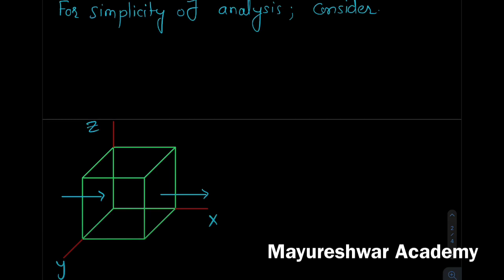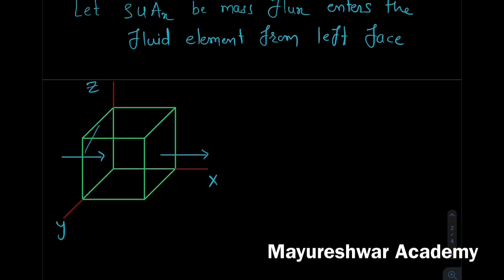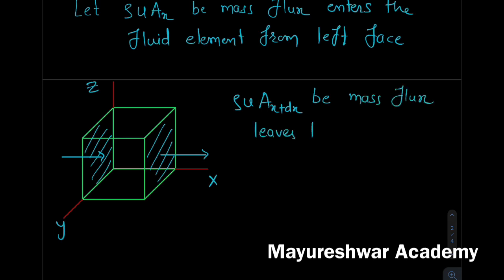Let rho u, which is the x directional component, multiplied by Ax be the mass flux that enters the fluid element from the left face. Similarly, for the right face, where mass leaves, rho u Ax plus dx, because we have a directional increment along that, is the mass flux that leaves the fluid element.